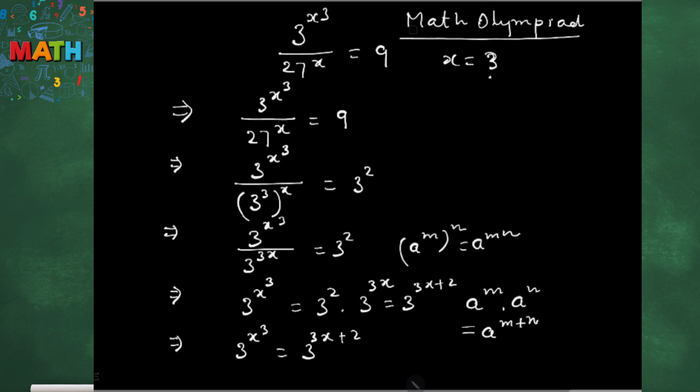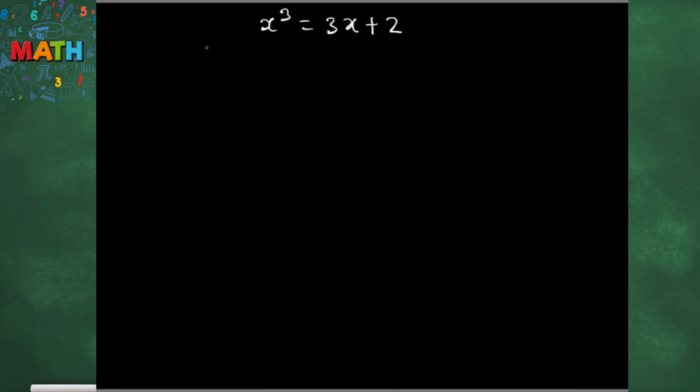Now when the base is equal, the power will be equal. Now this is the equation we are getting. So let's solve this. So x cube minus 3x minus 2 is equal to 0.